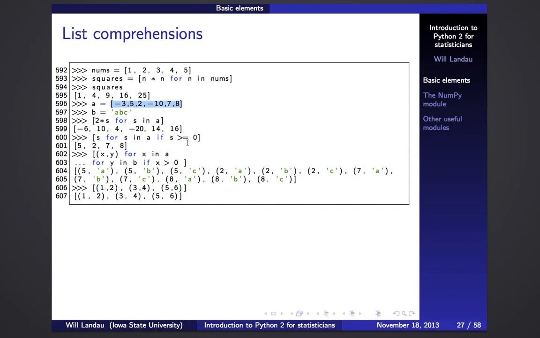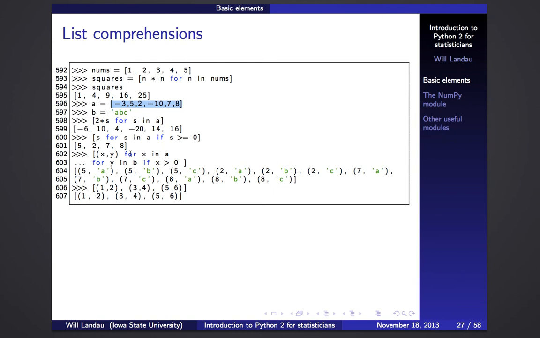S in this syntax is an element of A. And I put that element S in this new list if and only if that number is greater than or equal to 0. So what this does is just extracts all the non-negative elements from A.